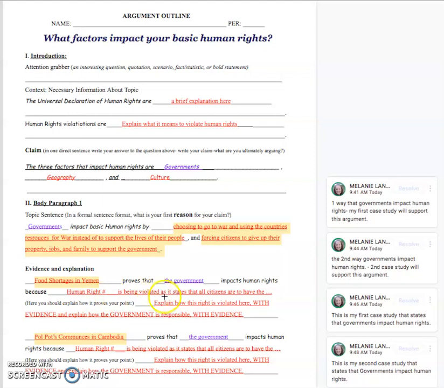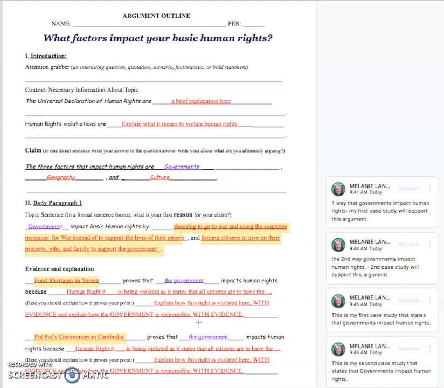I'm going to explain how this right is being violated, and I'm going to include specific evidence from my research about Yemen. I'm also going to include in this argument that government, in this case, is responsible for this human rights violation, and I will also, again, have evidence to support that argument.